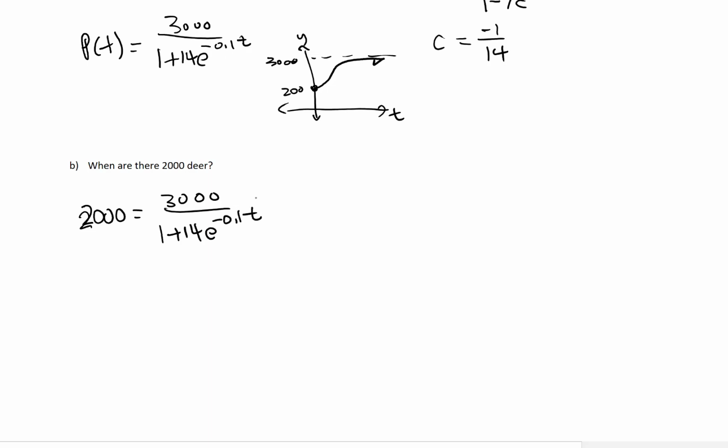So I'll leave that to you. This isn't too difficult to solve for t, but you get about 33 and a bit years. And so we can start to estimate where different populations are at once we have this population equation.